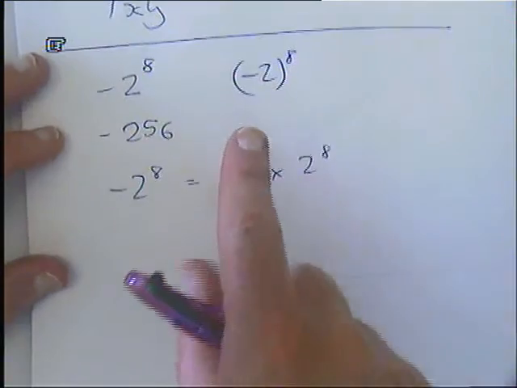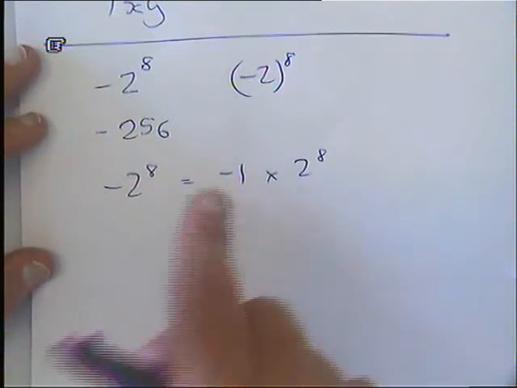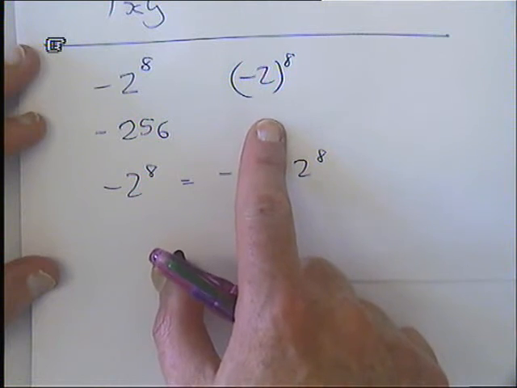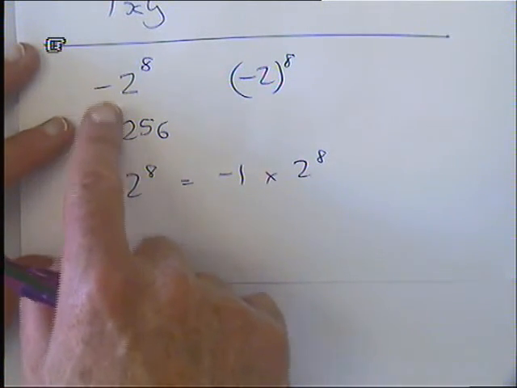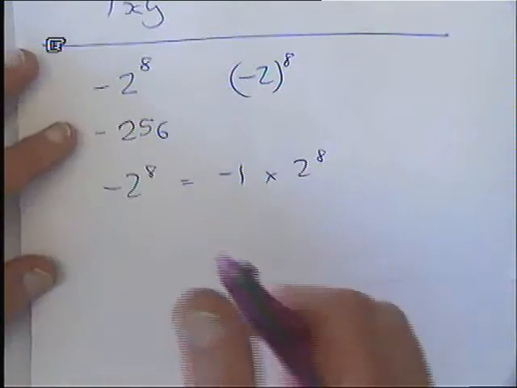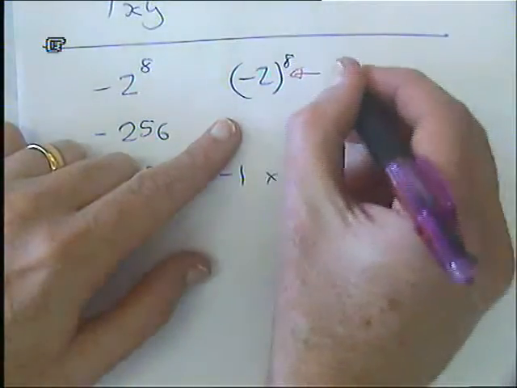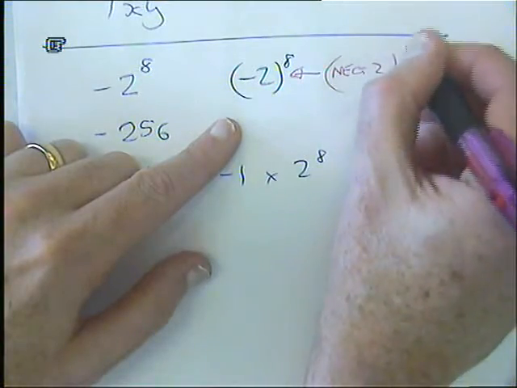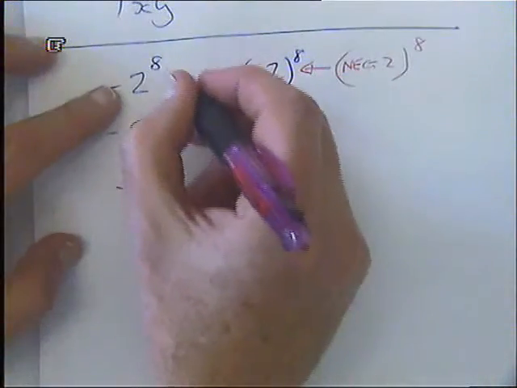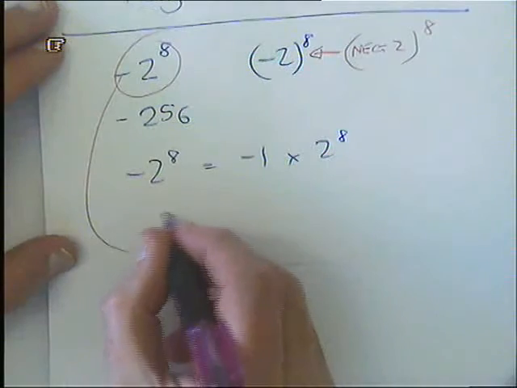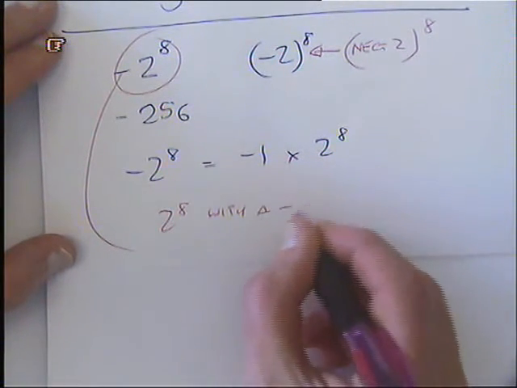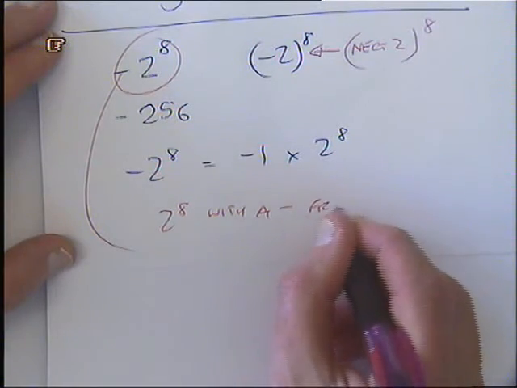Okay? If you wanted to do minus 2 to the power of 8, you do need to put the brackets around a minus number. But this one over here wasn't that. So, this one here is effectively negative 2 to the power of 8. That one there was 2 to the power of 8 with a minus sign in front of it.